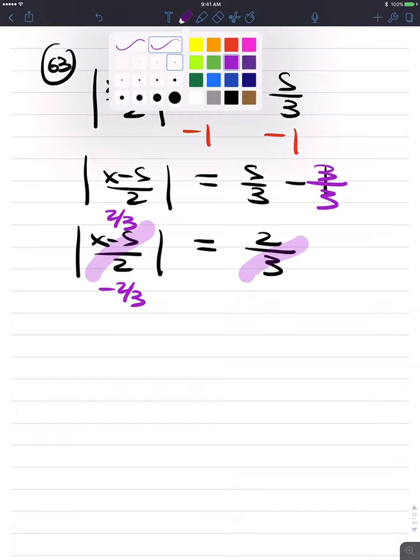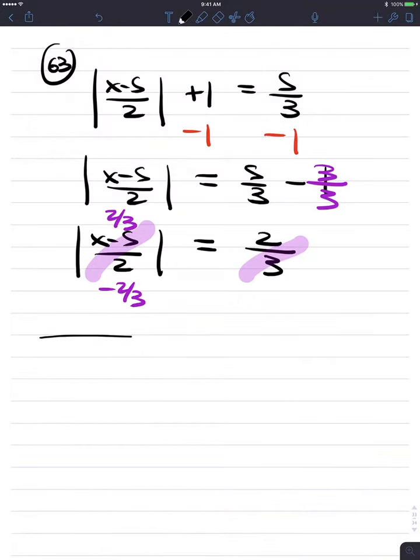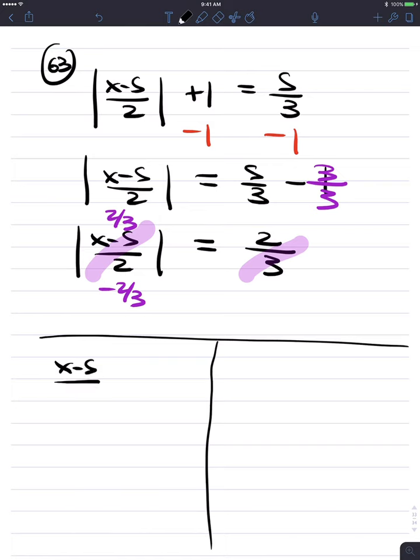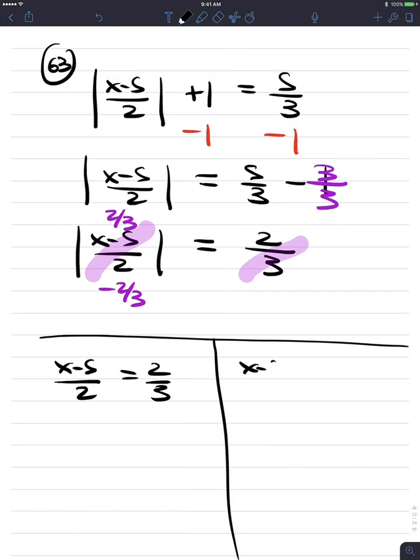Both of them in absolute value is positive 2/3. X minus 5 over 2 is a positive 2/3, or x minus 5 over 2 will be a negative 2/3.